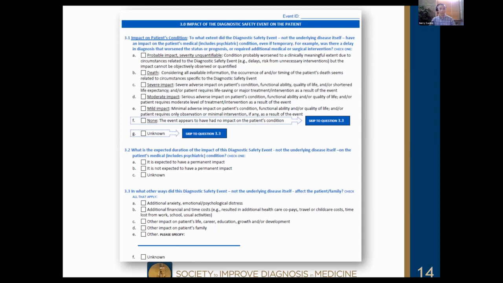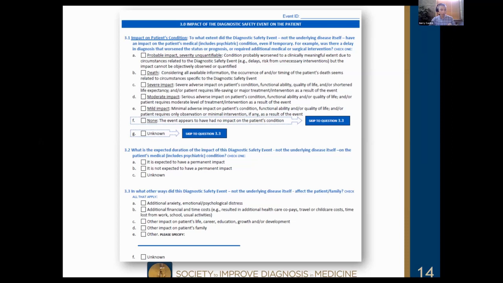And then there's an added consequence here, probable impact severity, unquantifiable. Now I will say with regards to the harm scale here, this is consistent with the other common formats for hospital reporting. So this particular item is not necessarily unique. But they do talk about an impact on the patient's condition, functional ability, quality of life, and whether or not it requires other intervention. And then it goes from none, mild, moderate, severe, and then ultimately death.